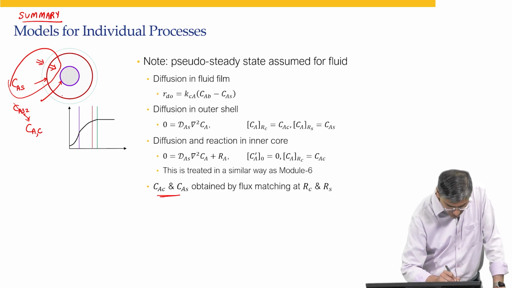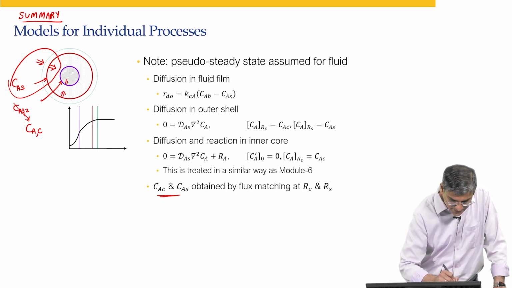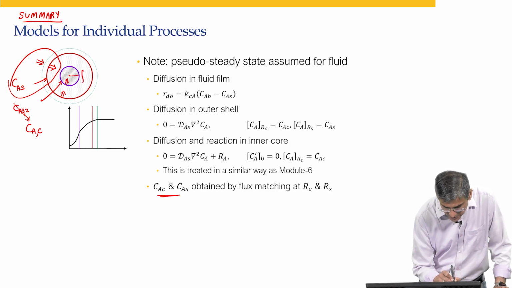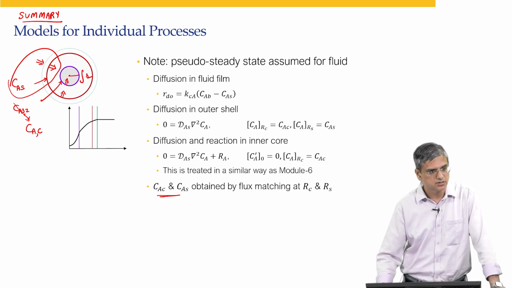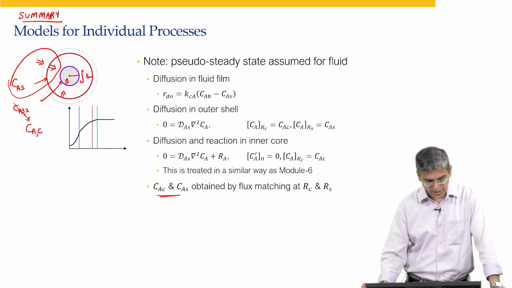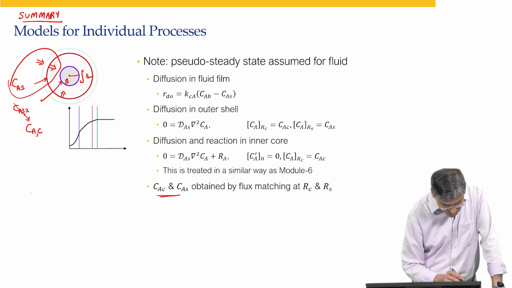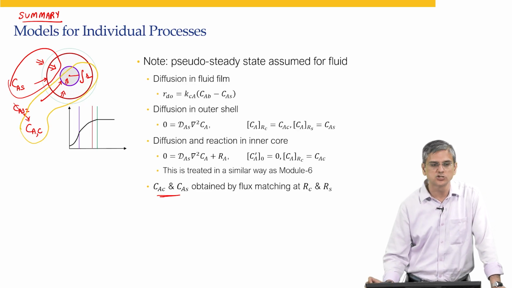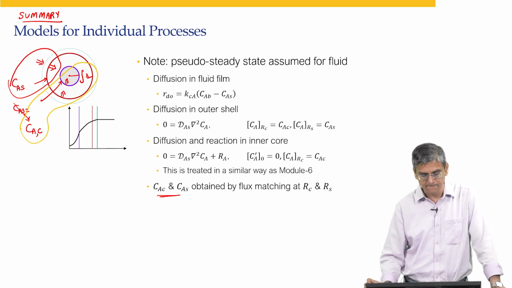The flux that comes in over here will be exactly matched by the flux that goes in over there, which will be exactly matched by the integral of reaction that is taking place within the core. So, again it is going to be two equations in one unknown. If you have realized based on what we have discussed so far, all three will be equal. So, you can use that.